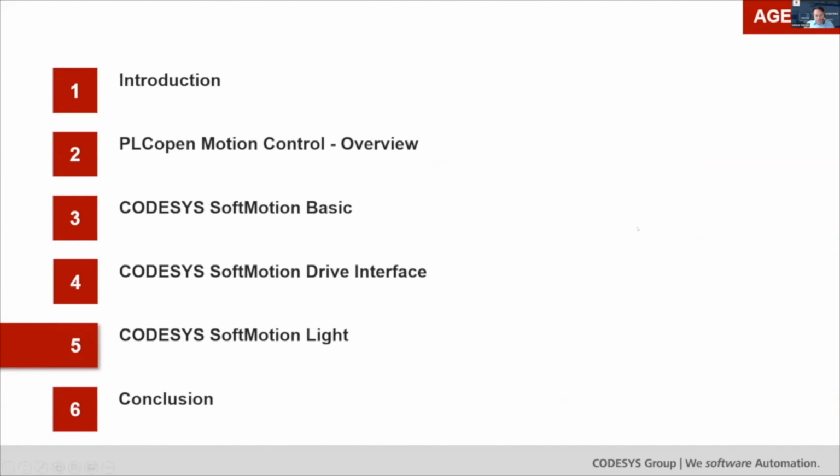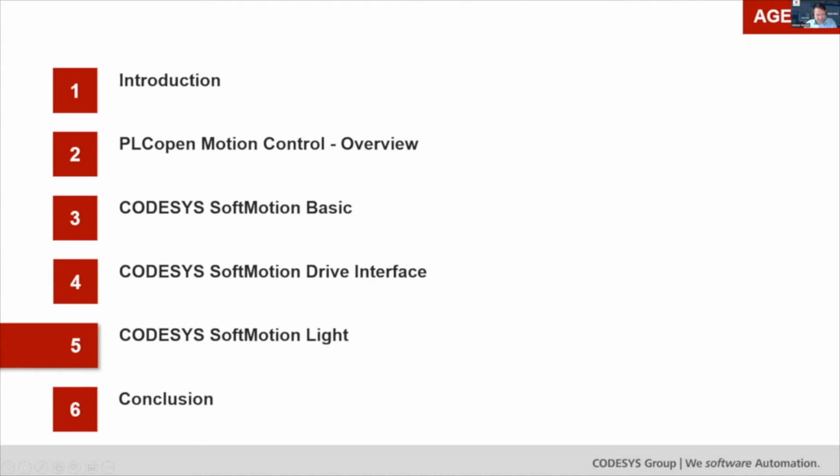So just a short word about the CODESYS SoftMotion Lite. There is another product that we offer in the CODESYS store. This is called CODESYS SoftMotion Lite. It's a pure library product.